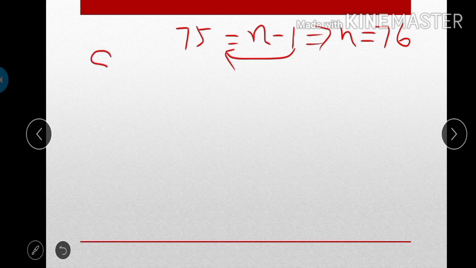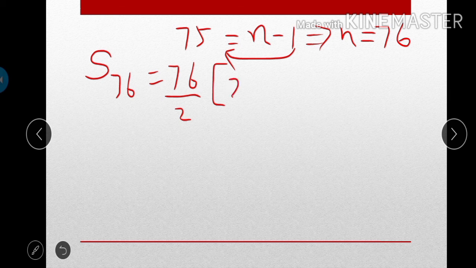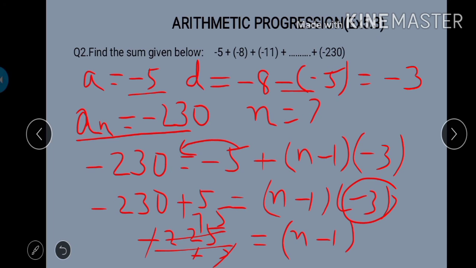Now we have to find S76. So I have 76 upon 2 into 2a plus n minus 1 into d. a is minus 5 and d is minus 3.